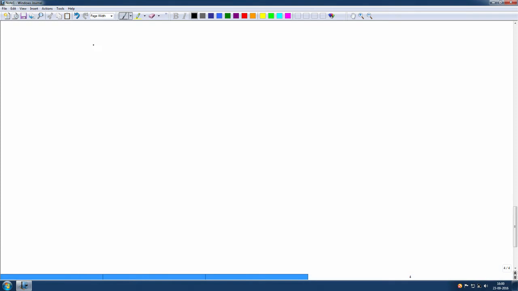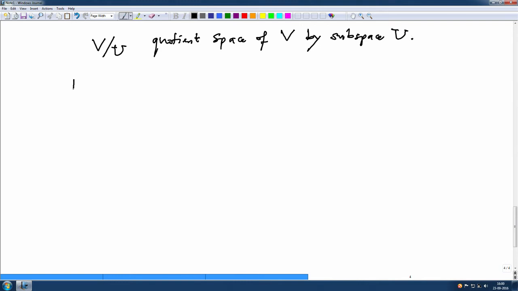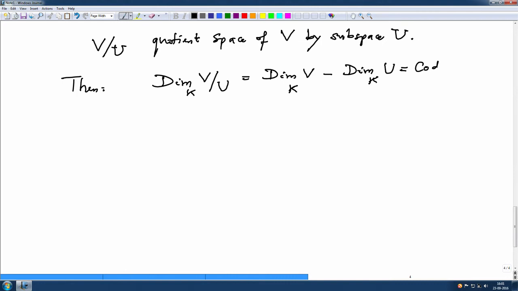So the thing to note is, if you have the quotient space of V by the subspace U, then the dimension of the quotient space is dimension V minus dimension U. And remember, we have called this the codimension of U in V.